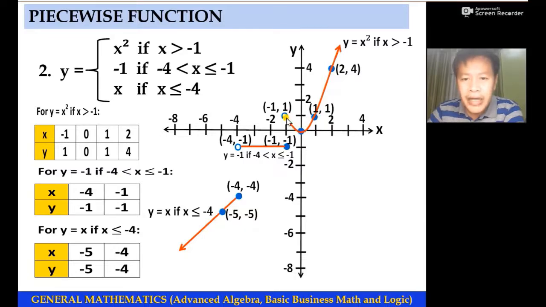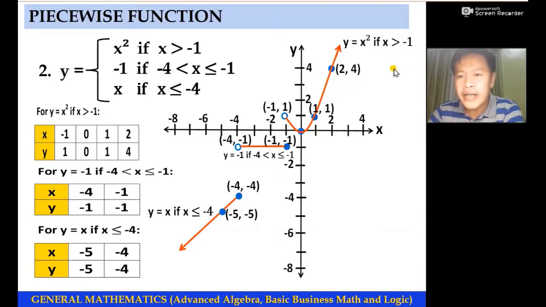Take note, you are going to connect these by a curve wherein the curve is cut at the point negative 1 and 1 and this point is not included since negative 1 is not a part of the domain. This is a very cute parabola with a limited domain of y is equal to x squared if x is greater than negative 1.